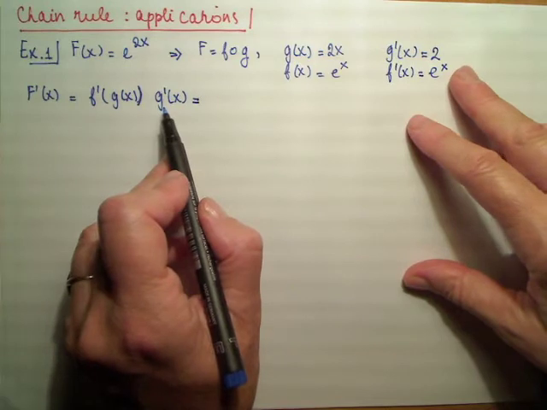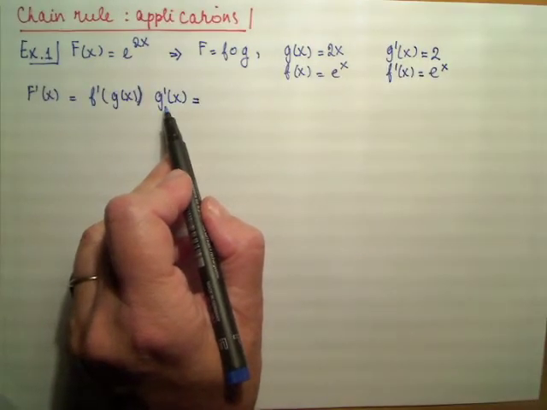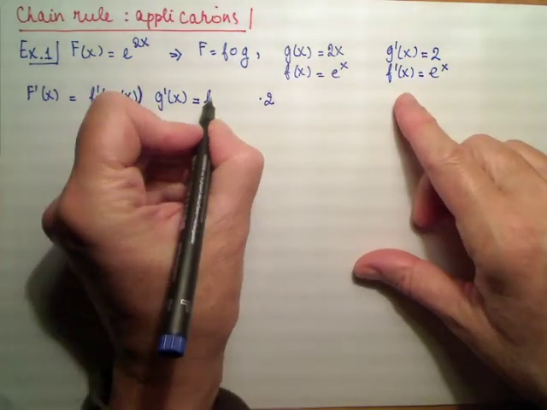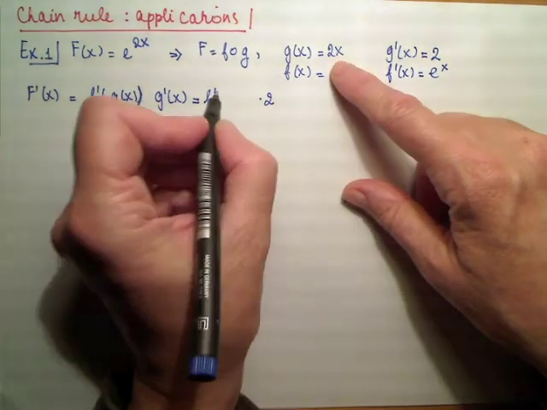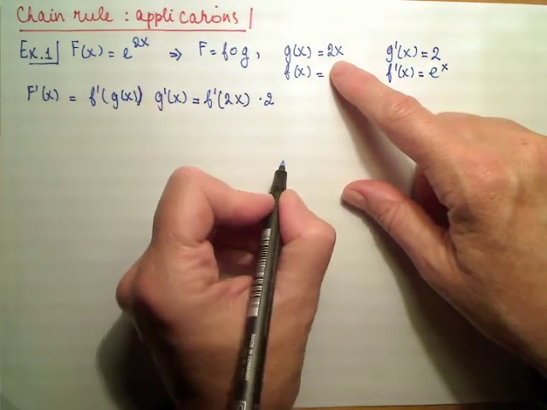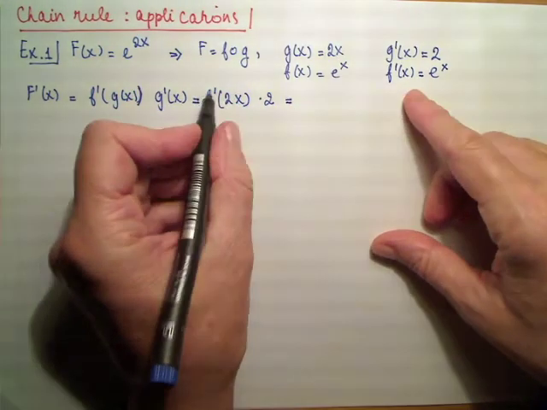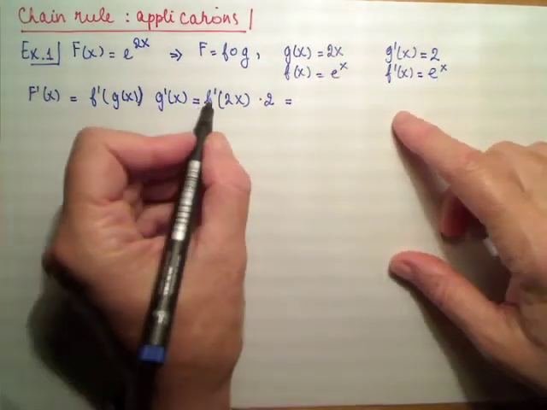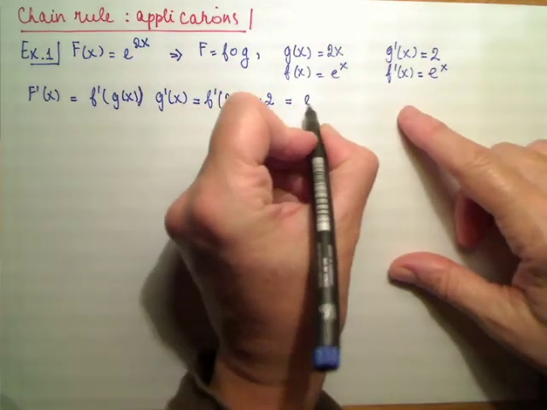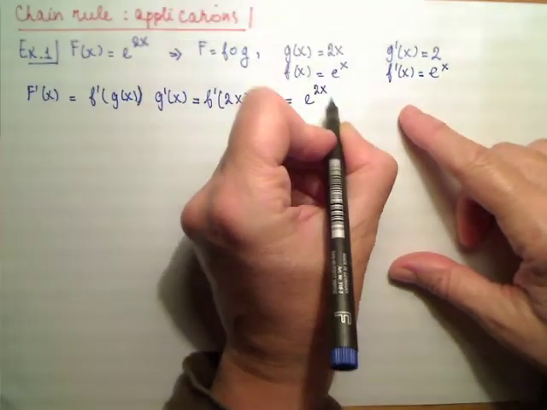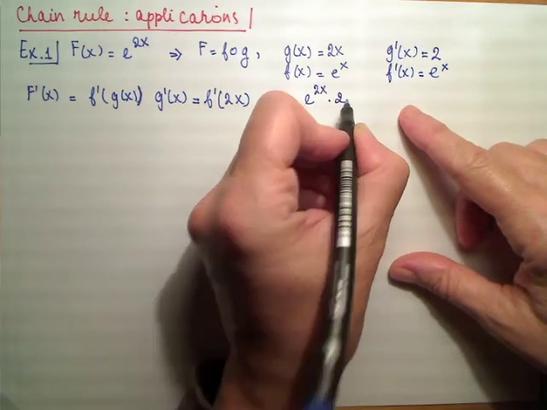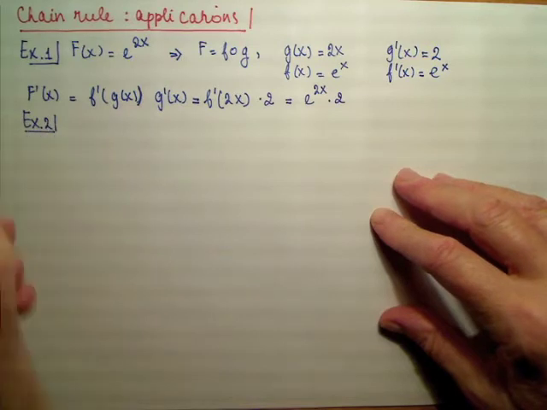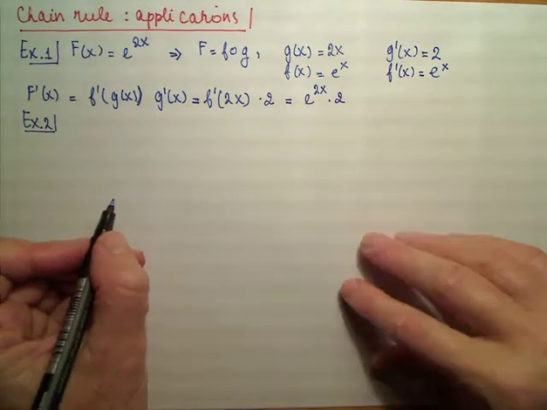So the derivative of g is equal to 2, and we multiply it by the derivative of f applied to the function g of x, which is equal to 2x. And so we get, by inserting the expression for the derivative of our little f, e to the power 2x multiplied by a factor 2. Of course, after some experience, after some practicing, you will be able to do this much quicker.